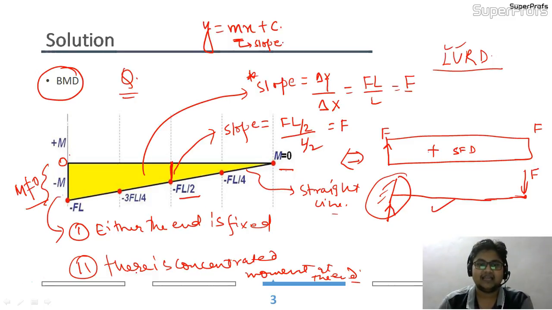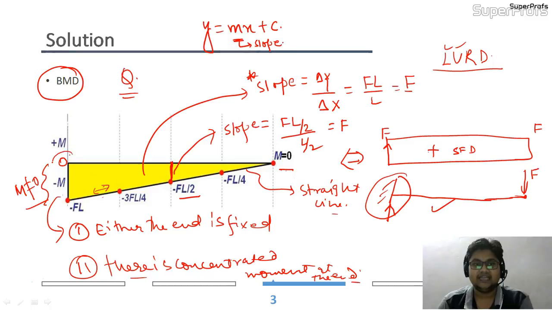As I told you, there can be another conclusion, that there is a concentrated moment at the end. This result can be discarded, because if there had been a concentrated moment at the end, there would have been a sudden jump in the bending moment diagram. But as you can see, this bending moment diagram is going smoothly, it is a straight line.